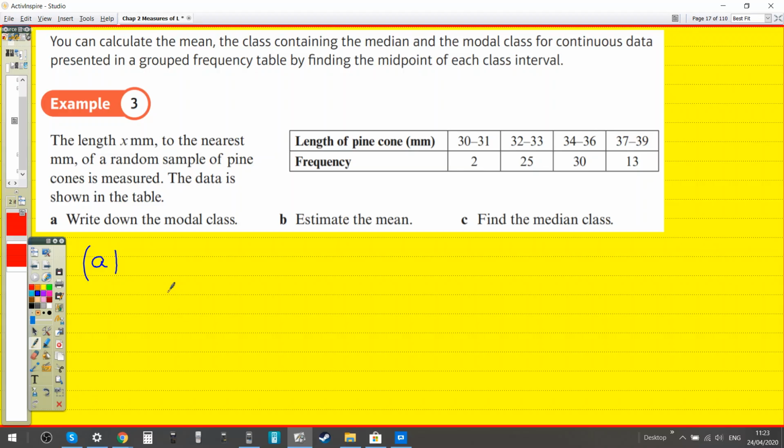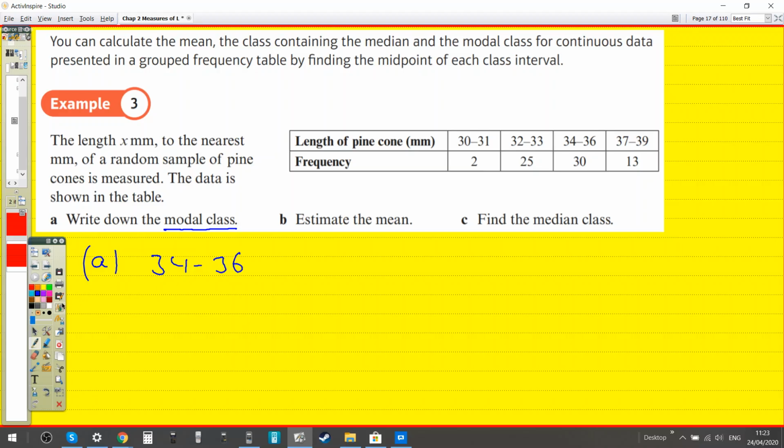So part A, modal class. Should I just take the middle of the length of the pine cone again? Modal class. Oh, sorry. So yeah, 34 to 36.